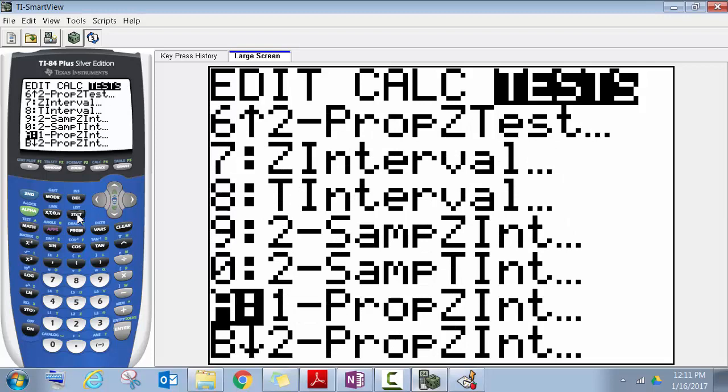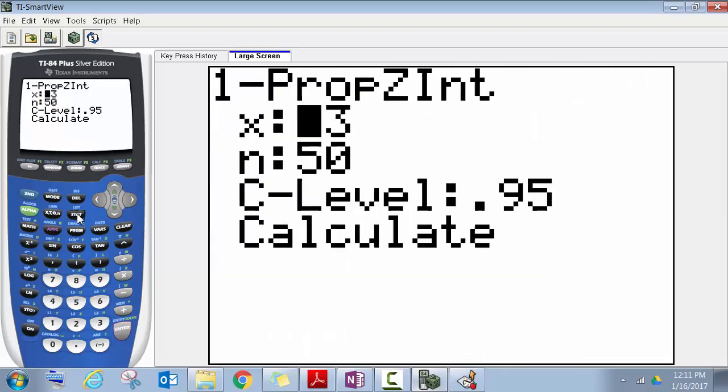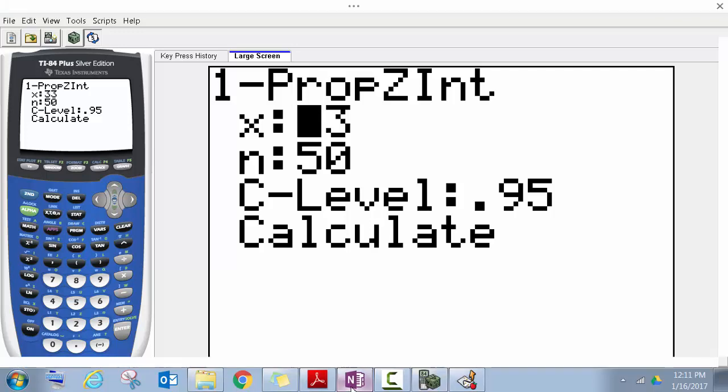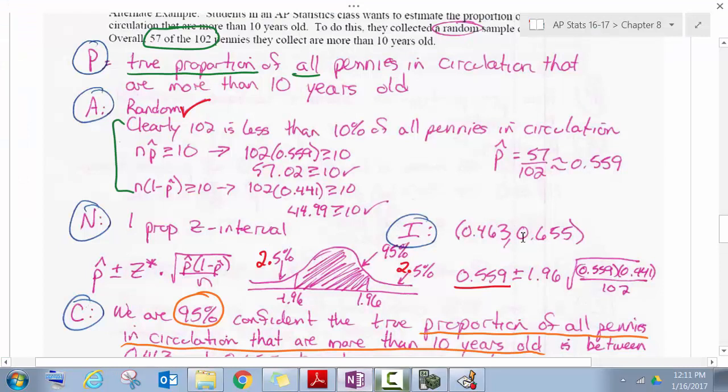Exactly what we're writing for the N, name the test. Now, what do they want to know? They don't even want to know p hat. They're going to find p hat for you. You just have to type in x, the number of successes, which we had 57 successes out of 102.